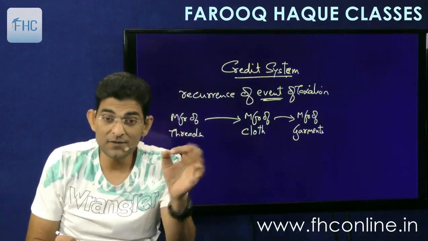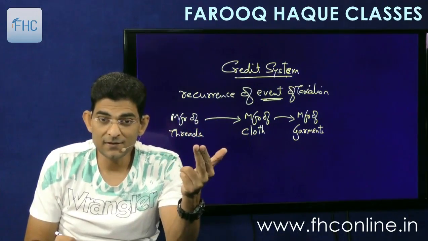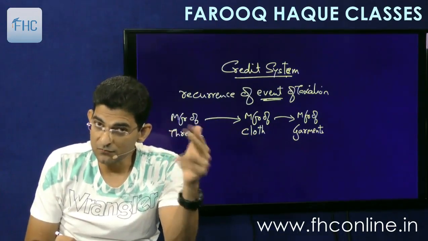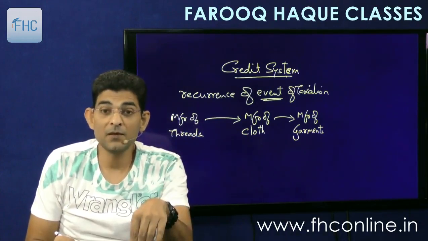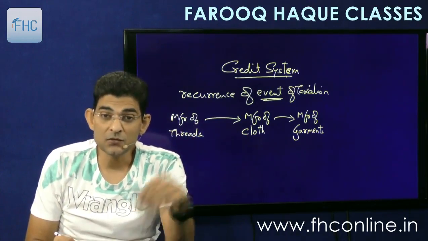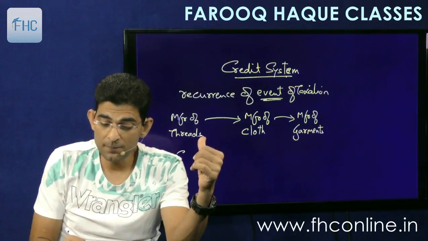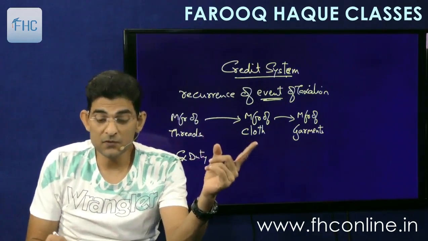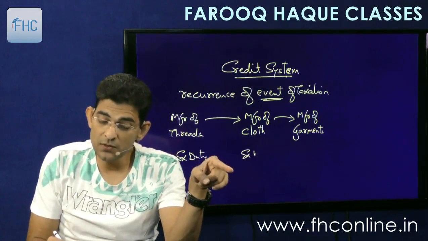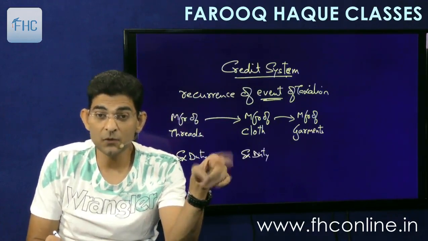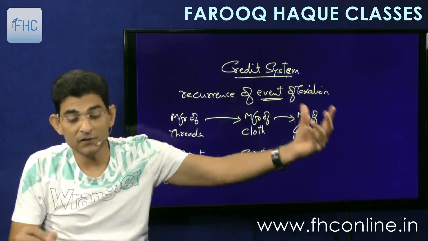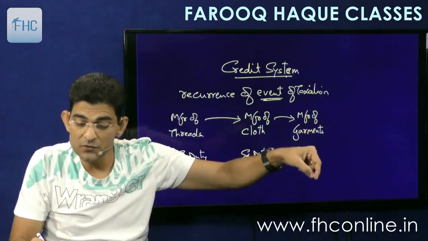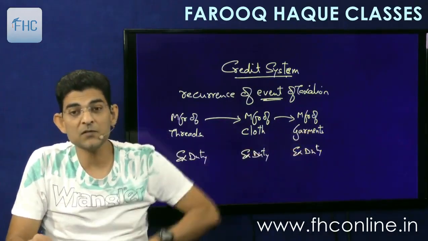So when the event happens again and again continuously in the hands of different people, there will be tax. So the first person will pay excise duty on his manufacturing. The second person will again have to pay excise duty on his manufacturing because he is also a manufacturer. And the third person again has to pay excise duty on his manufacturing process.